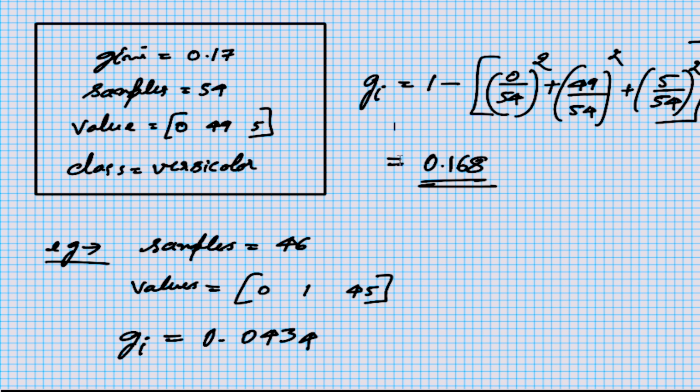Use it, and you get a value equal to 0.168, approximated to 0.17, and I have written that. So this is how you calculate the Gini score.